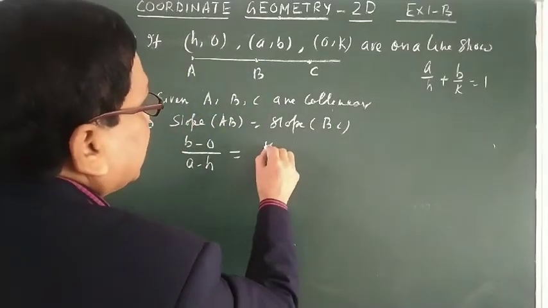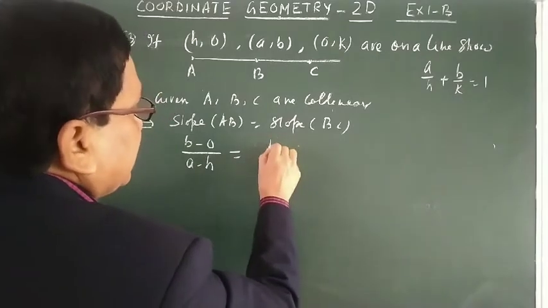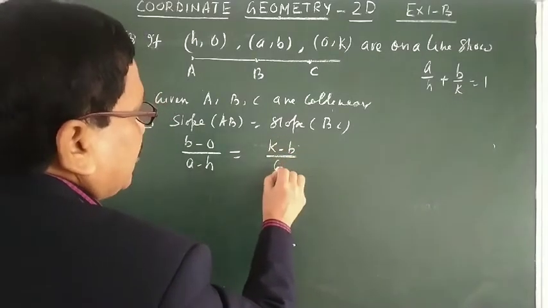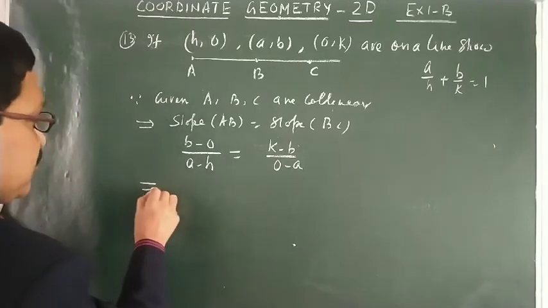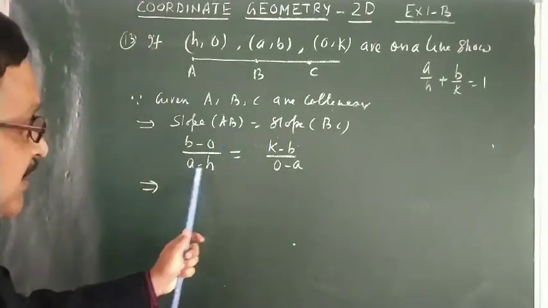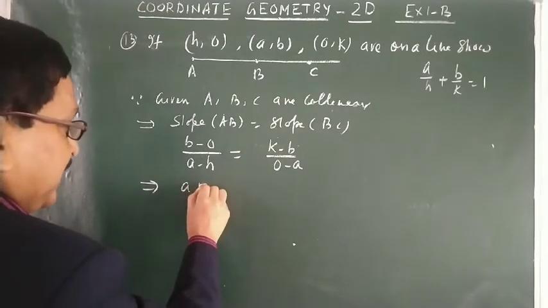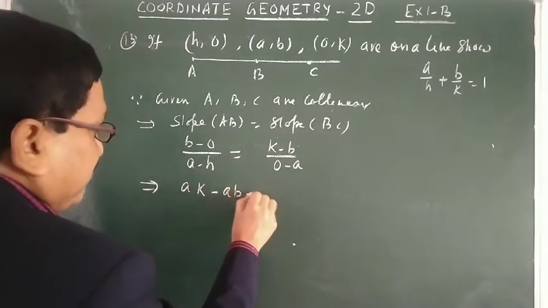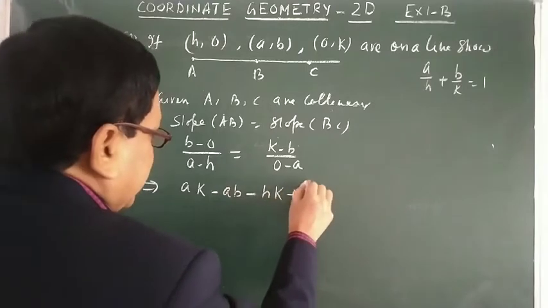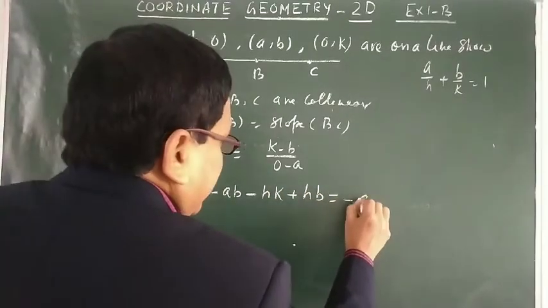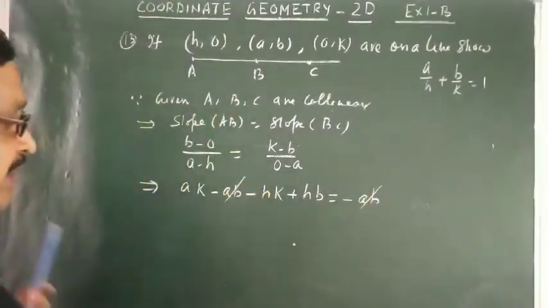Slope of BC is K minus B by 0 minus A. Now cross multiplication gives, multiply first, AK minus AB minus HK plus HB is equal to minus AB. This minus AB is cancelled.